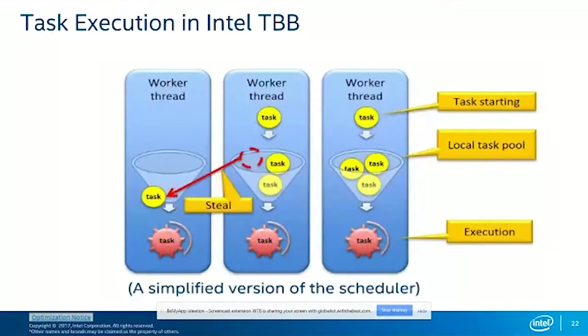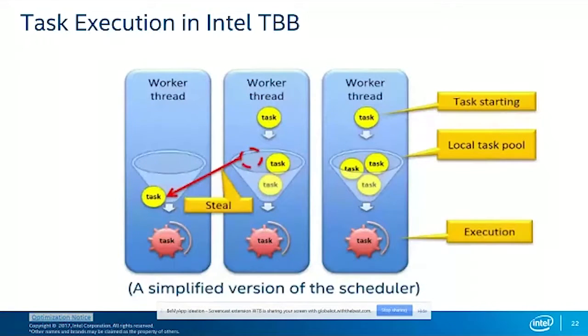My application will create many tasks. I don't need to care about how the task is executed on the processors. I just need to focus on the high-level tasks. TBB internally has a scheduler that will help me schedule the high-level tasks onto low-level threads.